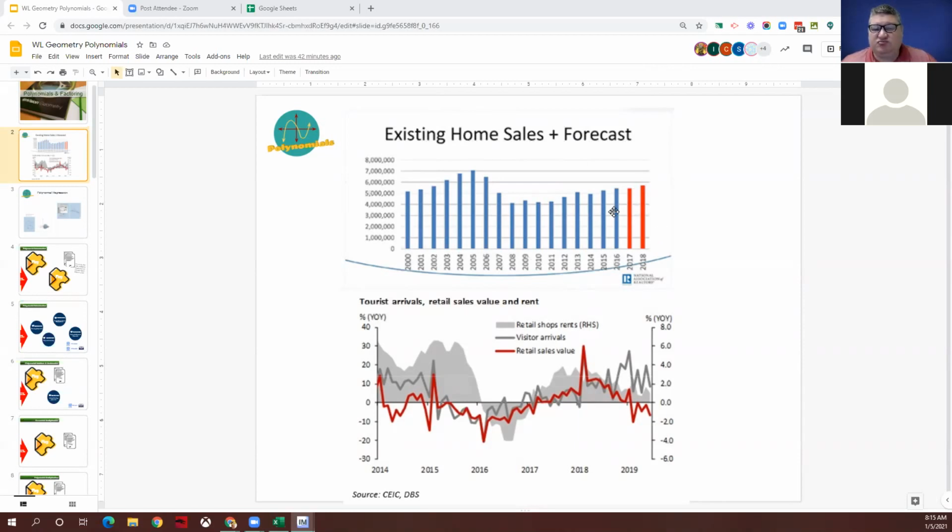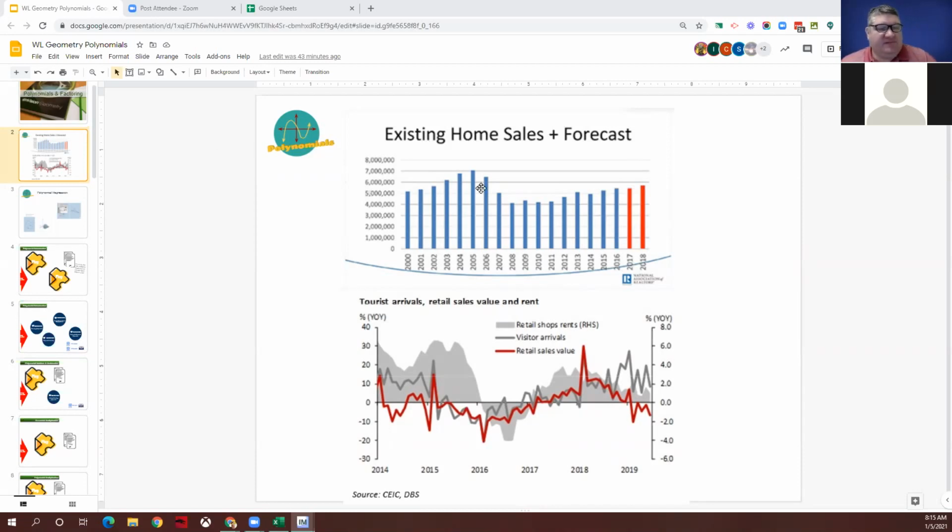Then you have the two red bars, which are the forecast for what they think the housing market was going to do. Very quickly, I want you to keep in mind, because I'm going to ask in a little bit, how do you think they got the height of 2017 and 2018 when this graph was made in 2016? How come these bars are this height? How come they're not low? How come they're not high? Think about that.